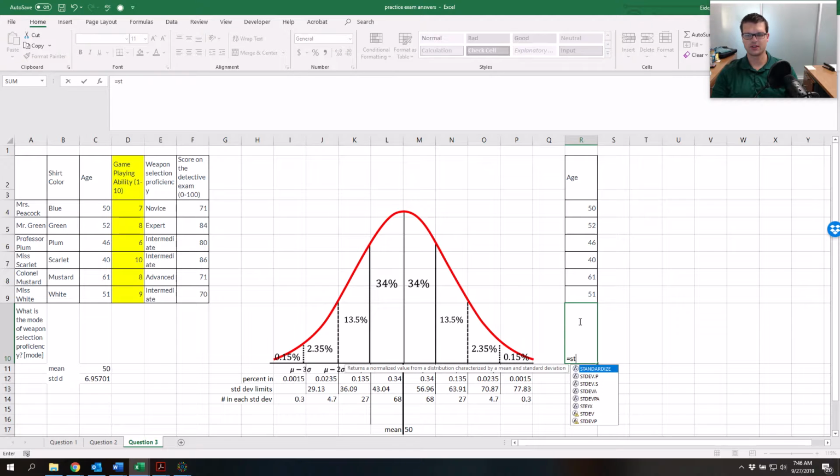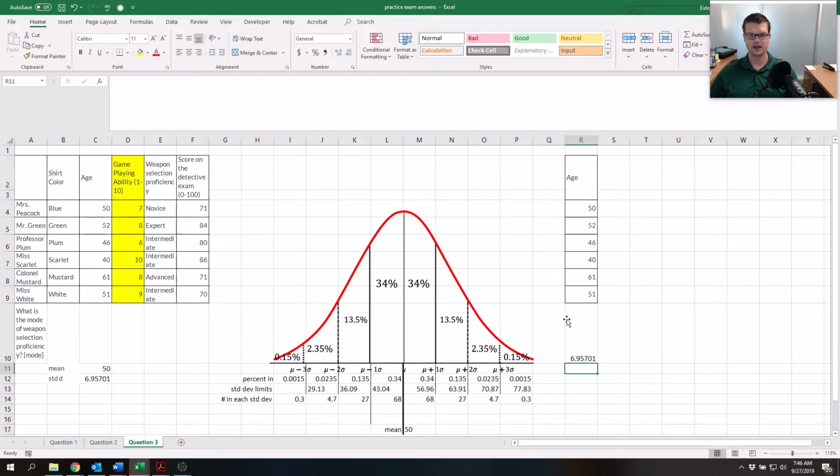We can do equals standard deviation sample, STDEV.S, highlight it, and it gives you a standard deviation of 6.957. I would encourage you to just leave it like that in Excel.